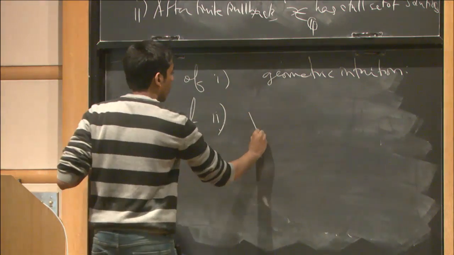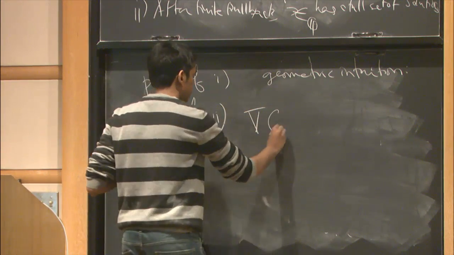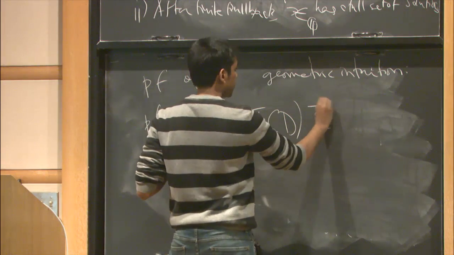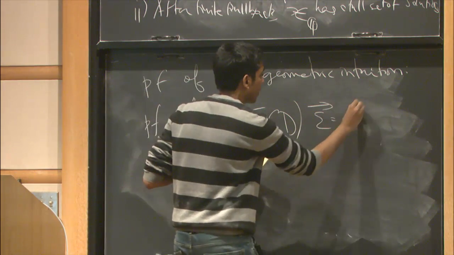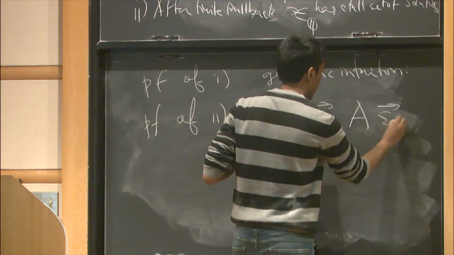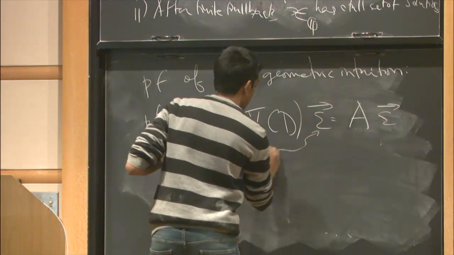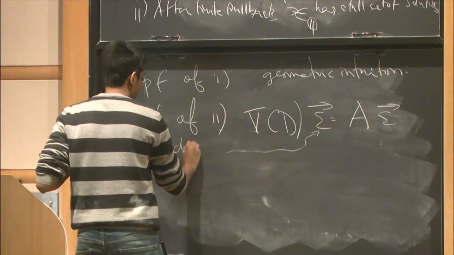So here's exactly how the calculation goes. So let's say nabla of D of the cyclic basis epsilon is A times epsilon. So this is the cyclic basis.